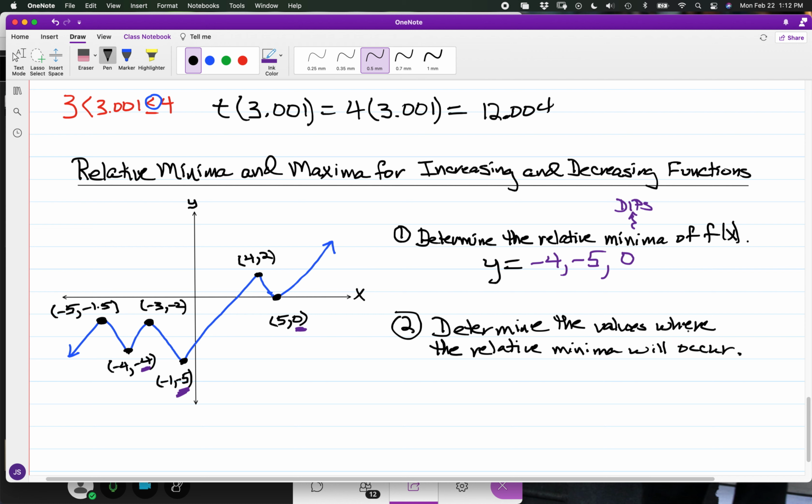I know I was meaning to answer the y coordinates, which in a sense technically is correct, but what the question would be asking for, the values where the relative minimum will occur, is actually the x values. So for the x values where the minima occur, the minima are at -4, -5, and 0, and for the x coordinates we have -4, -1, and also 5.